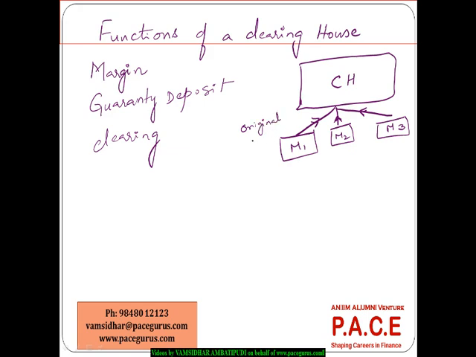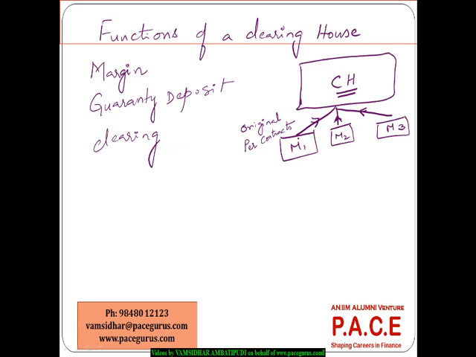So again, this could be in terms of per contract, depending on the number of contracts that they have submitted. Per contract, there could be a margin, and it is very much determined by the clearing house itself. How much margin each member has to contribute. Is it in terms of amount basis, or is it in terms of per contract kind of a basis?